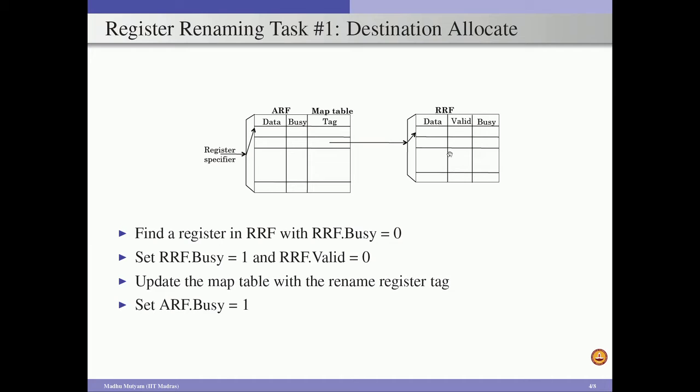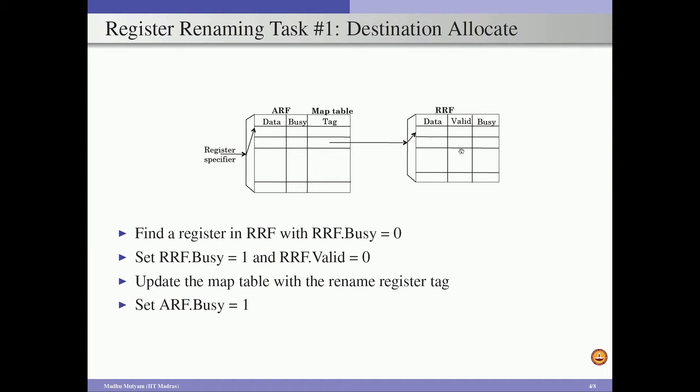This valid bit will be set only when the corresponding instruction has finished its execution. After finishing execution, the computed value is sent to the RRF with the corresponding register tag, we search in the RRF, and if there is a match, we write the computed value in the data field and then set the valid bit to 1. Until then the valid bit will be 0.